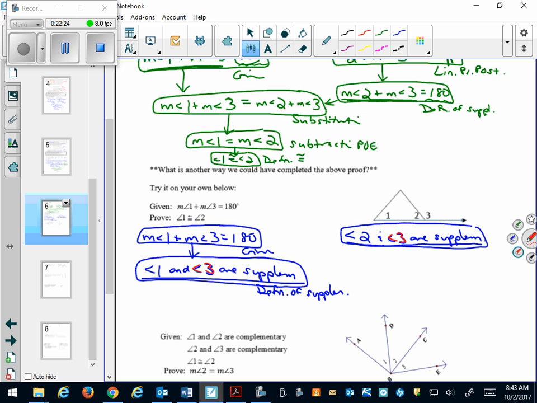So guess what? We can go straight to a statement saying 1 is congruent to 2. See how many steps we eliminated? Two angles are both supplementary to the same angle. That means they're congruent to each other. Our reason here is congruent supplements theorem.